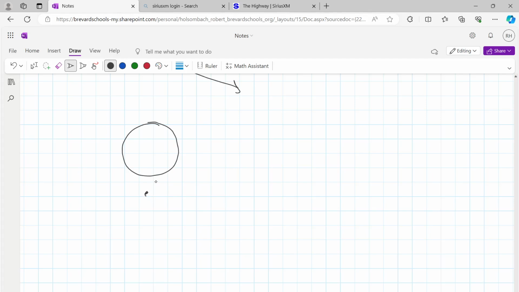And we get two tangents. Here's angle L. And we're given one arc, 102 degrees. This arc right here is 102. We need the measure of angle L.